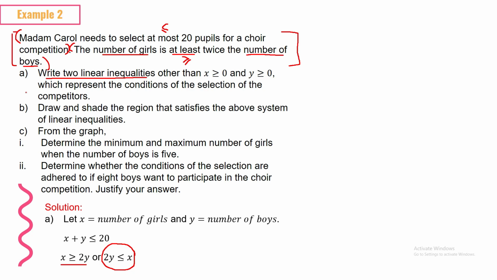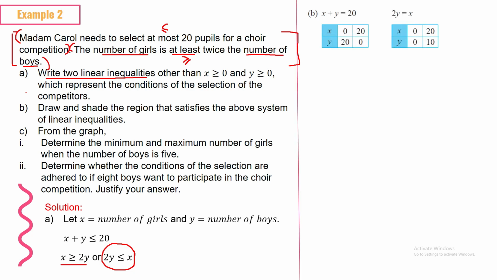And then B, we must draw and shade the region that satisfies the above system of linear inequalities. First we must draw a table of values. I'm sure that you already know how to draw this table of values as I have taught you many times before. I will not repeat it again.